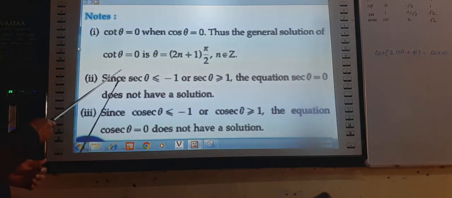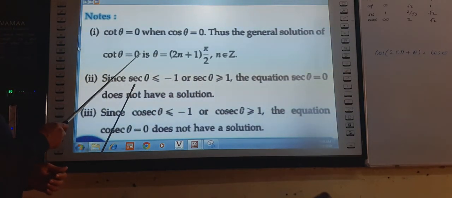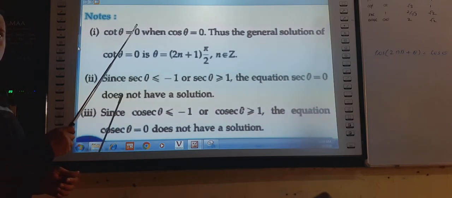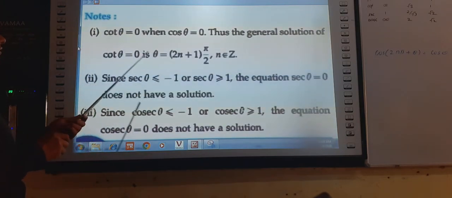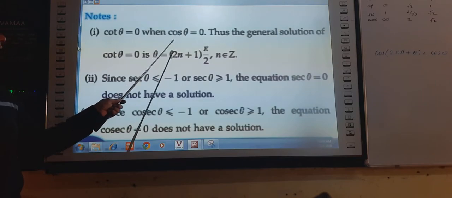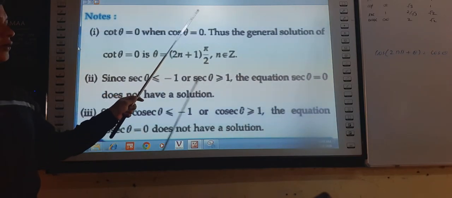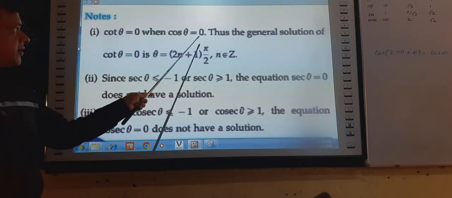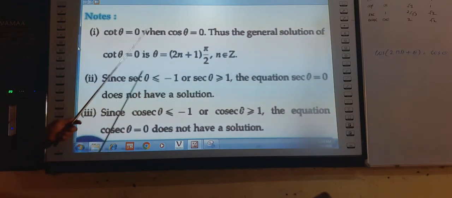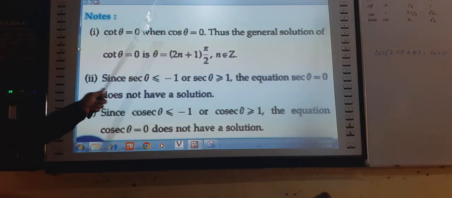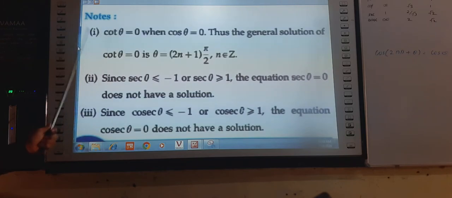That means you can write the proof as we write for tan theta equals to sin theta upon cos theta. There cos theta not equals to 0. Here we do not have sin theta equals to 0. So the cos theta must be 0 here. So the general solution for cos theta is the general solution for cot theta.